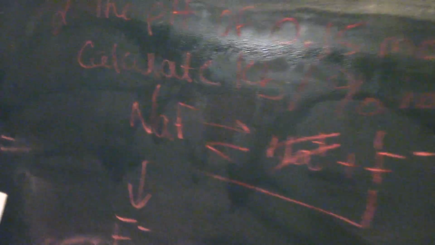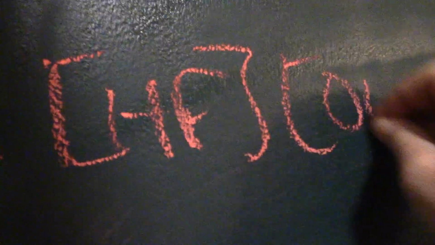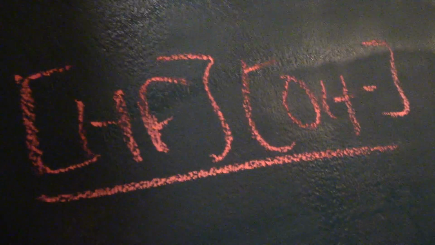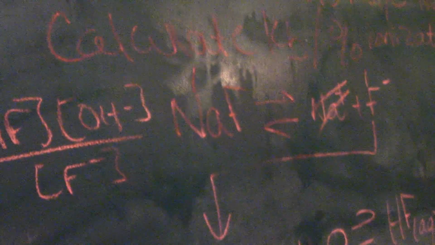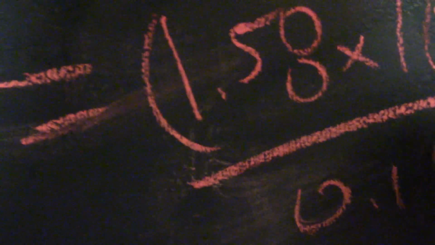All right, so KB equals the concentration of HF times OH negative over F negative. And that's going to end up being 1.58 times 10 to the -6 squared over 0.15.